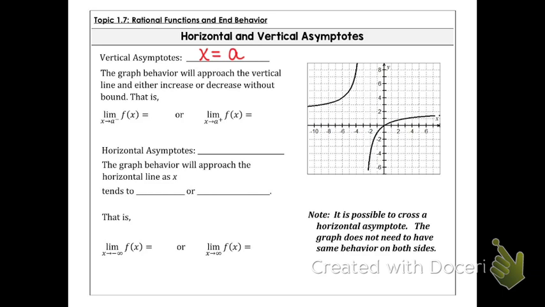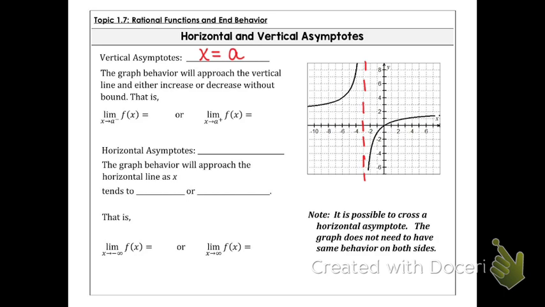A vertical asymptote is going to be a vertical line that your graph is going to get super, super close to, but it will never, ever cross it. Like we can see in this one here, the red line I just drew in is our vertical asymptote. Both sides of the graph are going to get really close to it, but they're not actually going to touch it.